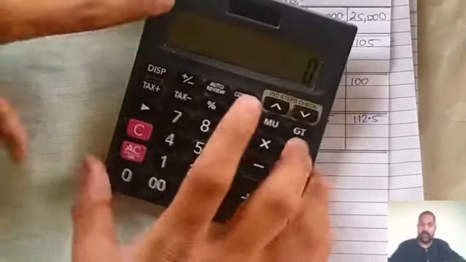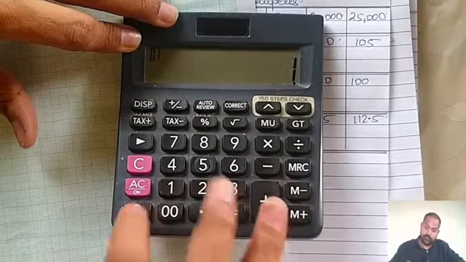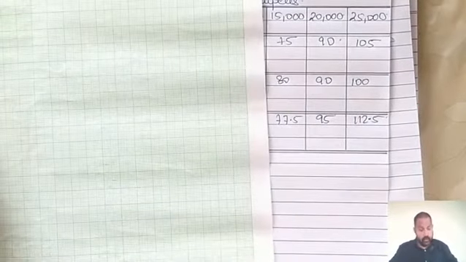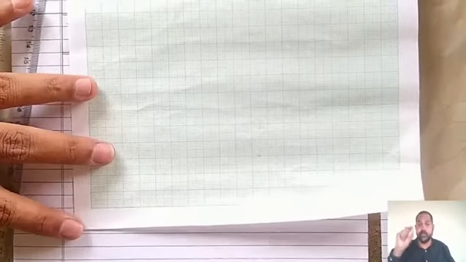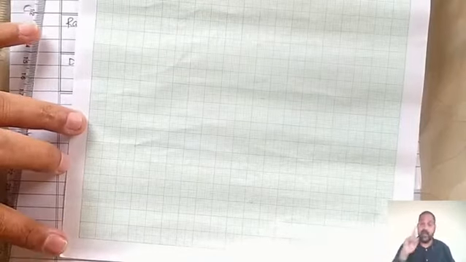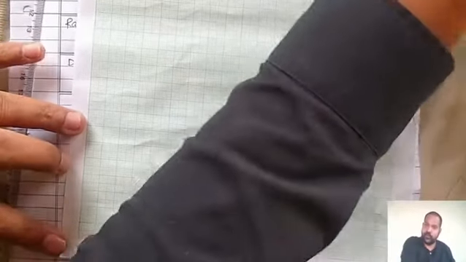You want a total of 105? Do 105 divided by 5. Your answer is 21. Do you have 21 units? Yes, I just told you I have 25 units. Fantastic. So horizontally 2 centimeters is going to be 5,000 units and vertically 1 centimeter is going to be 5 units. So I will quickly get the graph ready and get it for you.